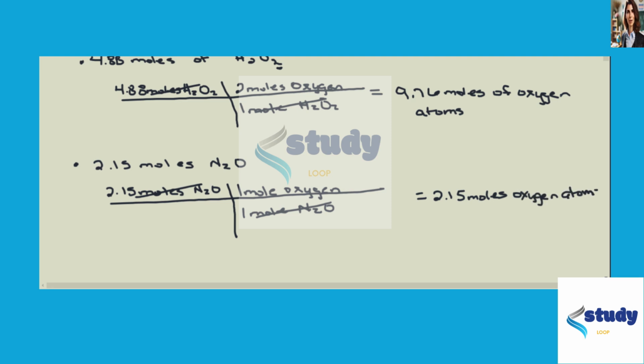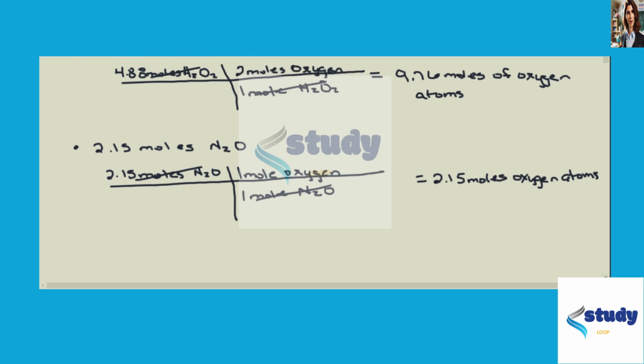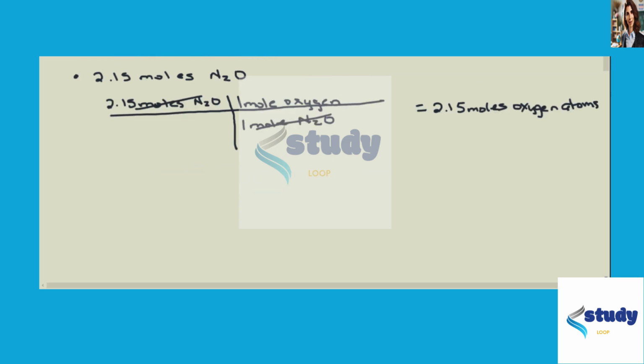Okay, and we just keep doing it for the other compounds. There's a couple more we need to do. So we have 0.0237 moles of, I believe this is carbonic acid, if it's aqueous.